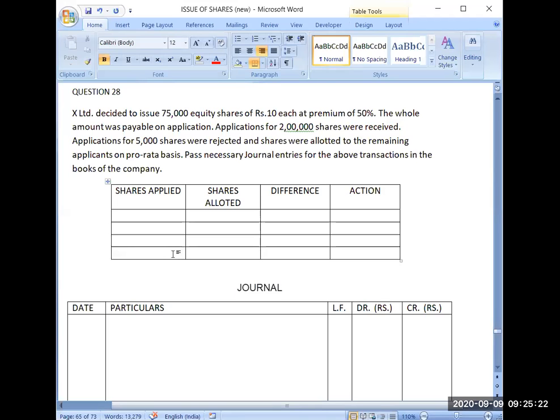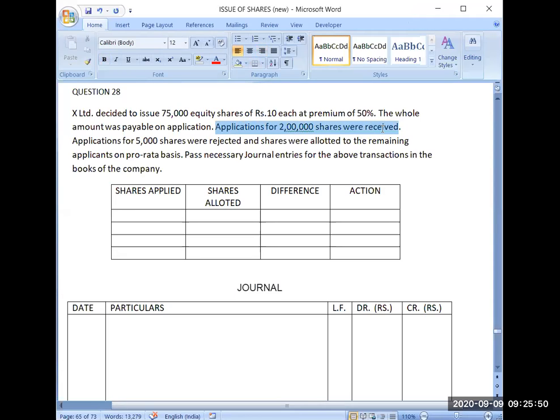I am waiting for more responses. I am asking number of applications and you are telling me the amount. The question has clearly told, it's a very easy part.